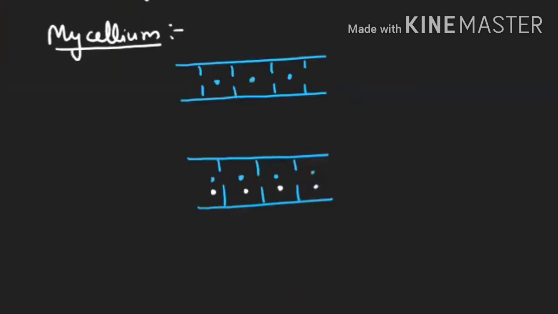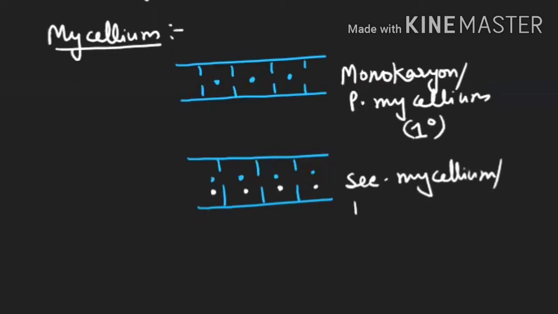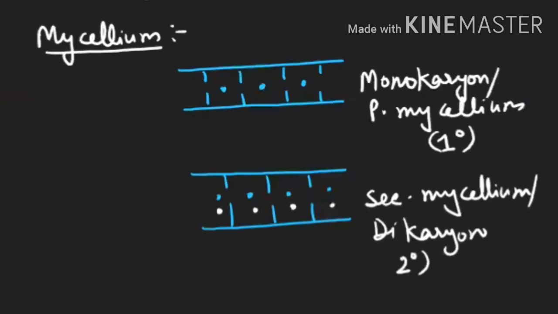So they can be monokaryon mycelium, which is also known as primary mycelium. We can represent it this way, 1 degree. This is known as secondary mycelium, also known as dikaryon mycelium, which we can represent this way, 2 degree.